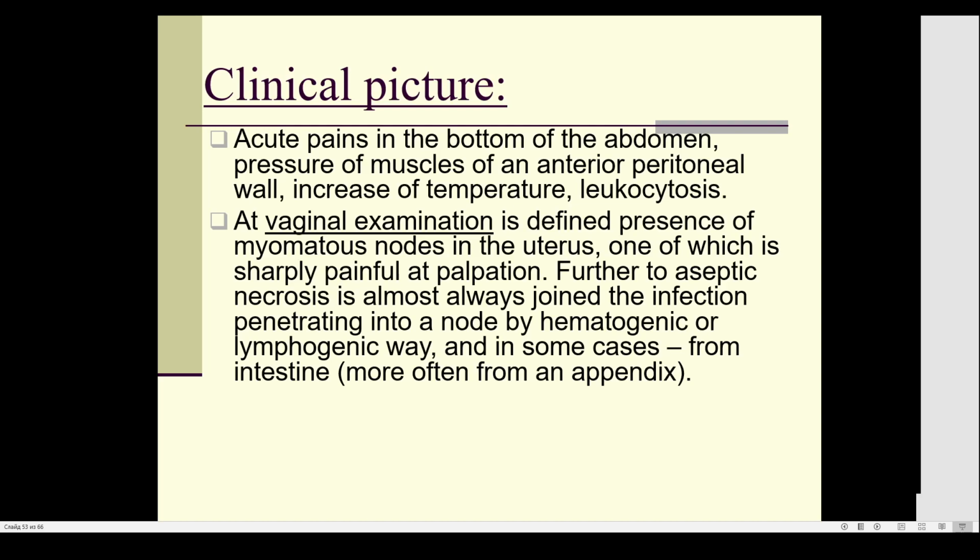It's acute pains in the bottom of the abdomen, pressure of muscles of the anterior peritoneal wall, increase of temperature and leukocytosis. You see that signs of intoxication are present, because necrosis happens and these toxins can pass into the blood supply.